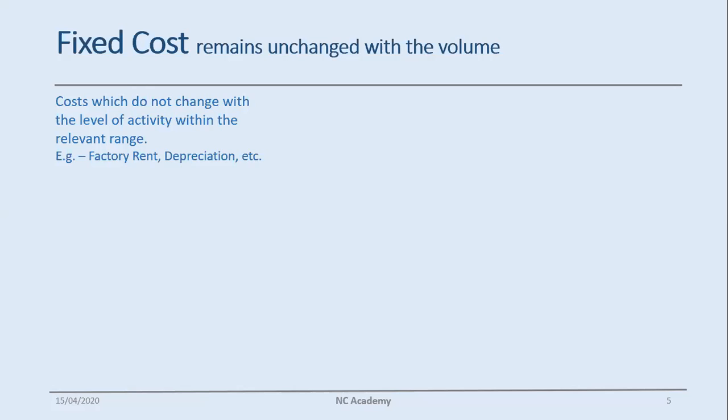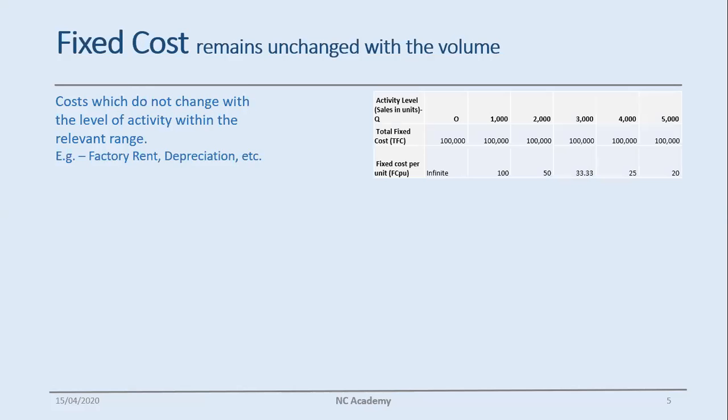Let's see how this fixed cost relationship works with the volume by using this table. As you can see in this table, we have 3 pieces of information presented. First is activity level. Activity level can be 0, we don't produce anything, or it can be 1,000, 2,000, 3,000, 4,000, or 5,000. The most important characteristic of fixed cost is that it would not change with the level of activity.